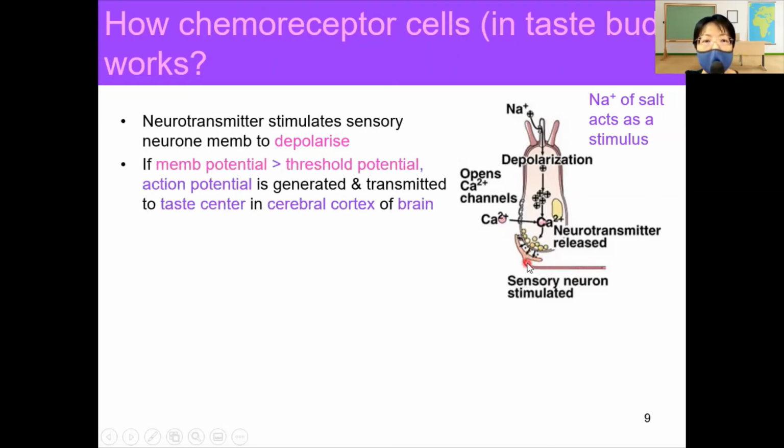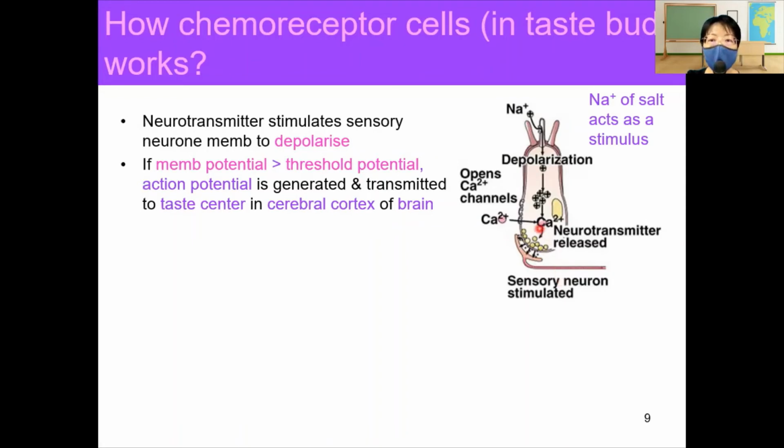Okay. So this will kickstart the entire formation of an action potential. So there is an electrical stimulus. Calcium ion has a positive charge, right? So the calcium ion is an electrical stimulus to stimulate this sensory neuron to produce an action potential.